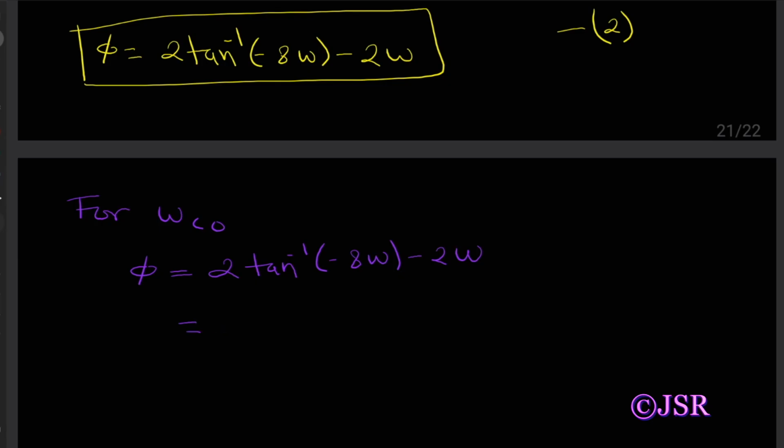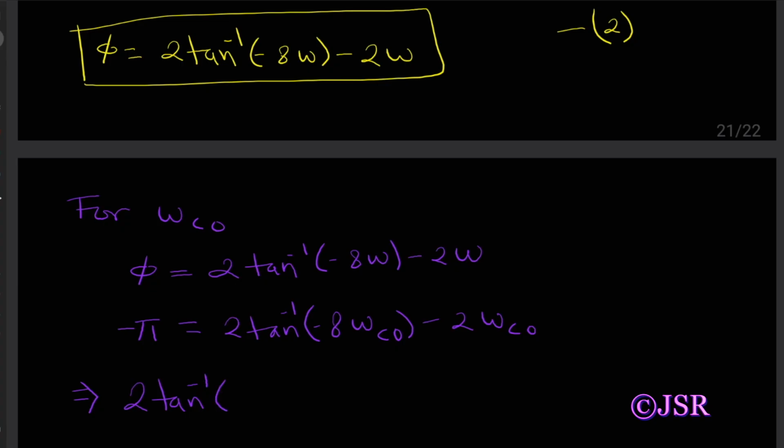We know when omega equals the crossover frequency omega CO, the phase shift is minus 180 degree or minus pi radian. So we will use 2 tan inverse minus 8 omega CO minus 2 omega CO plus pi equal to 0.